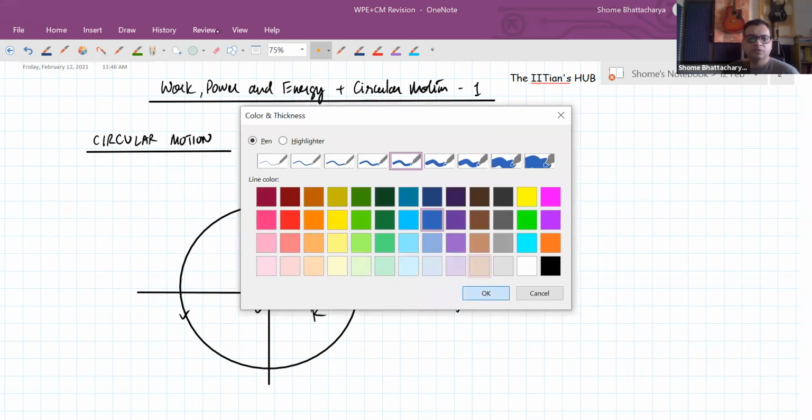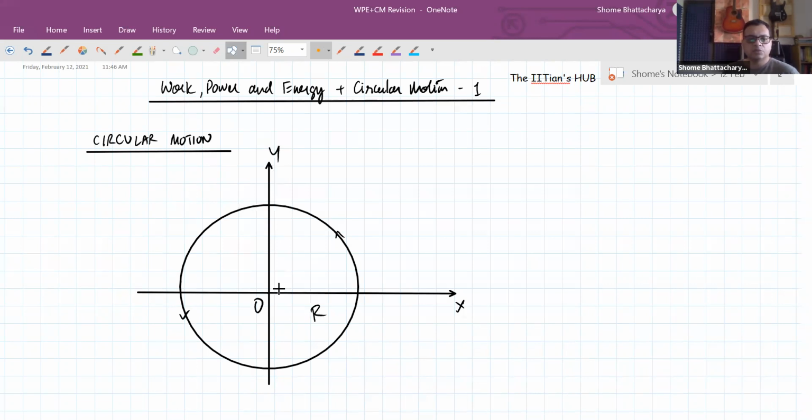So one very simple way of defining the circular motion is that it's a two-dimensional motion, or motion in a two-dimensional plane, such that at any instant the position vector of the particle has a fixed magnitude.